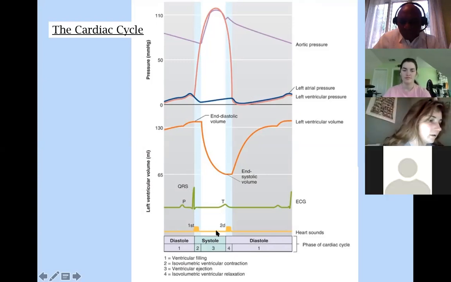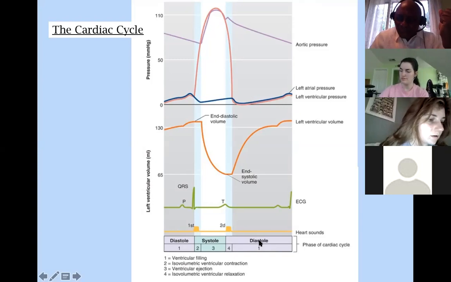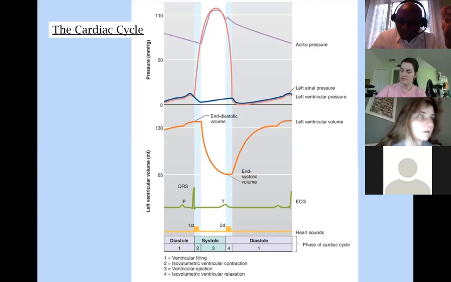So total at rest, 800 milliseconds. Systole is only 300 milliseconds. Diastole, 500 milliseconds. Now, I want you to remember what I'm going to say.